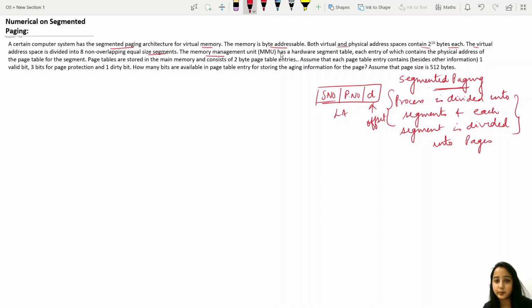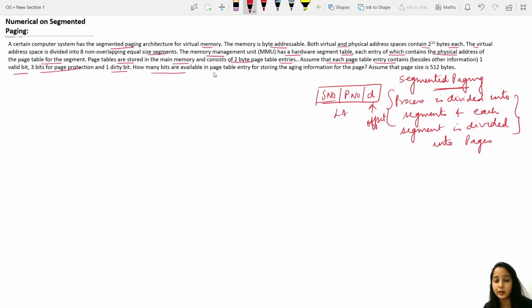The memory management unit has a hardware segment table, each entry of which contains the physical address of the page table for the segment. The page tables are stored in the main memory and consist of 2 byte page table entries. Assume that each page table entry contains one valid bit, 3 bits for the page protection, 1 is the dirty bit.